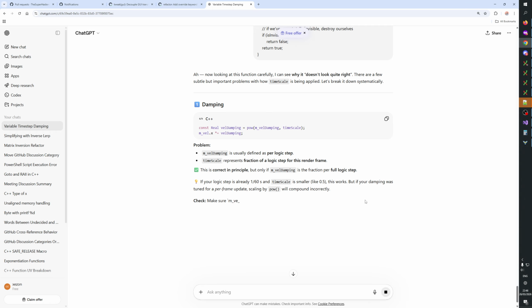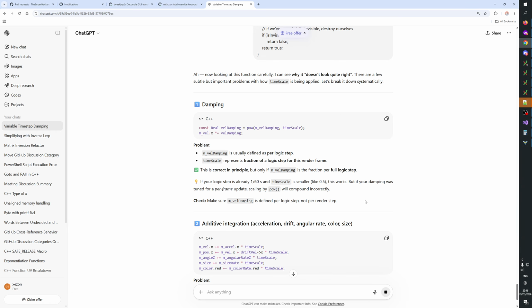I can see why it doesn't look quite right. Defined as per logic step for the frame. Correct in principle, but only if damping is a fraction per full logic step. It is. If your logic step is already 1/60 and timescale is smaller, this works. But if your damping was tuned for a per frame update, defined per logic step, it is.